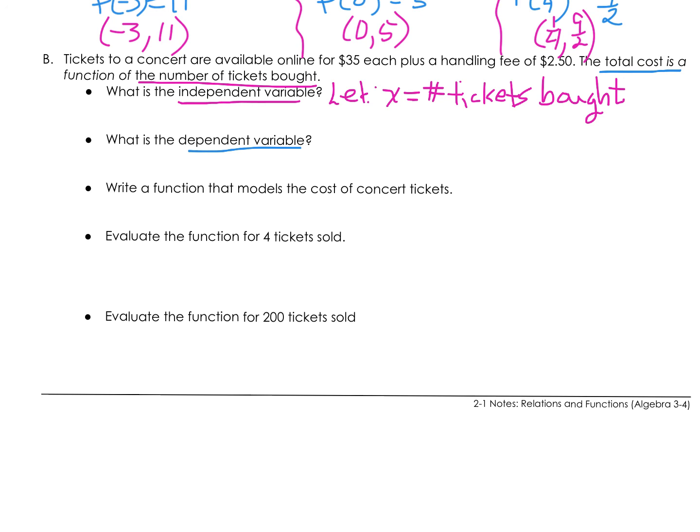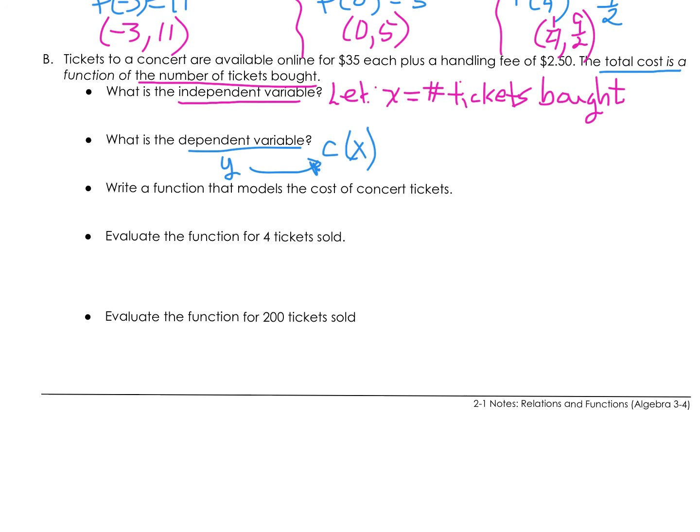So that's kind of code for that function notation. So your dependent variable is your total cost, and that's going to be c of x, right? Which is your y, right? C of x, which is your y. Your dependent variable, that's your y, and so instead of writing y equals, we're going to write it as c of x.